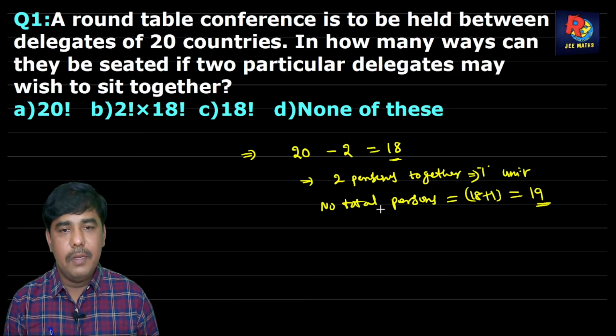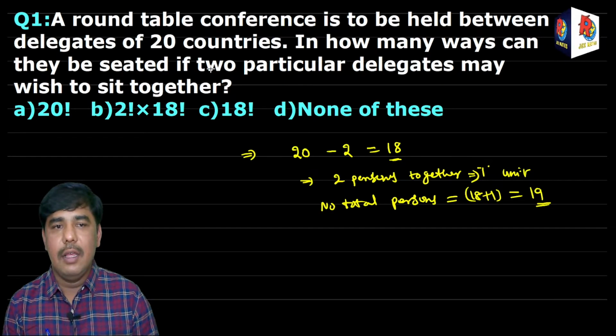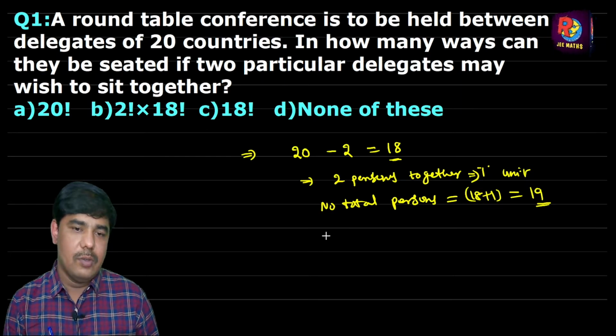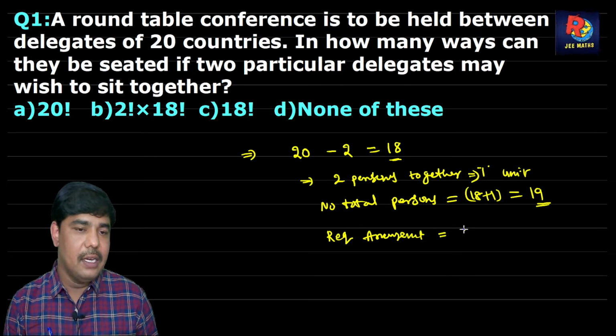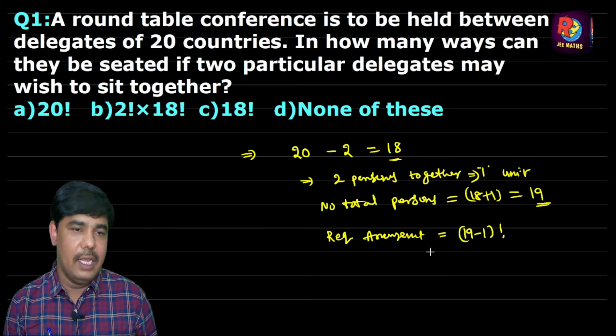These 19 persons we need to arrange at a round table. So how many ways can we arrange? The required arrangement equals 19 persons arranged in 19 minus 1 factorial ways.